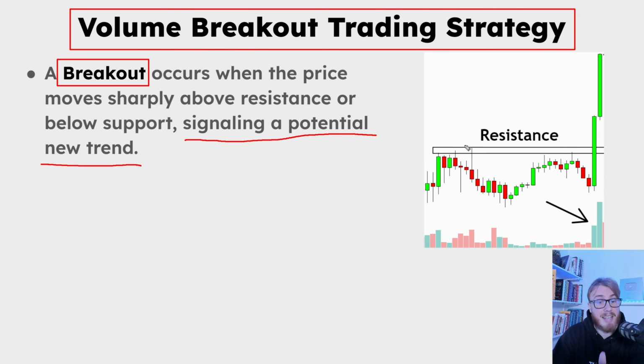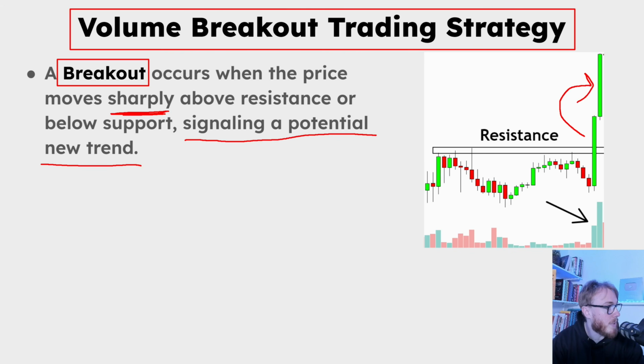But then suddenly, and very sharply, we saw a strong move above the resistance. So this right here is a great example of a breakout. And you can also see that after the breakout occurred, this led to a massive move towards the upside.